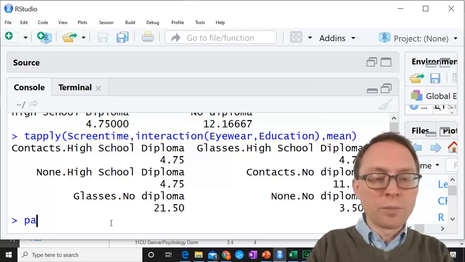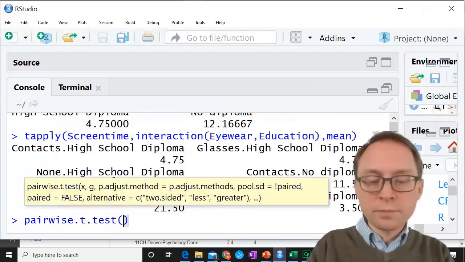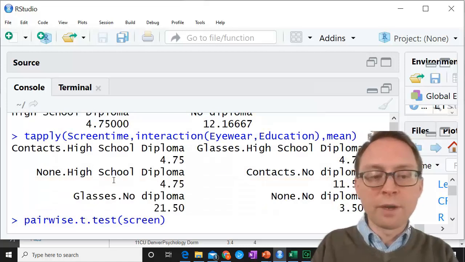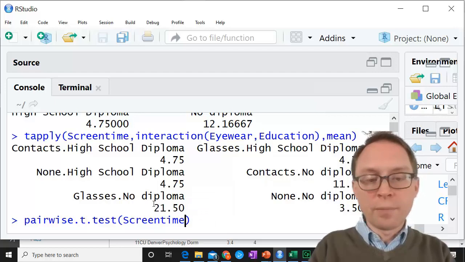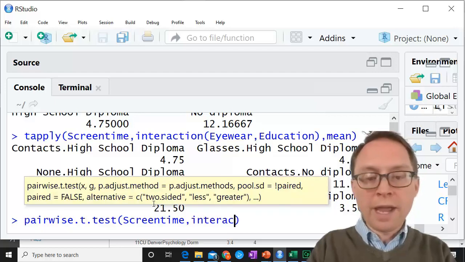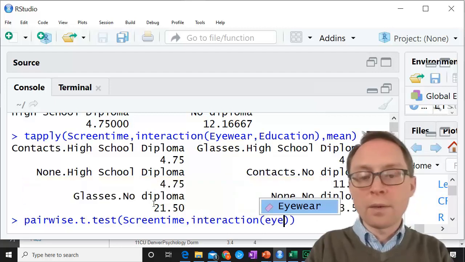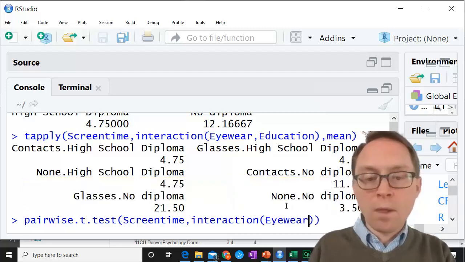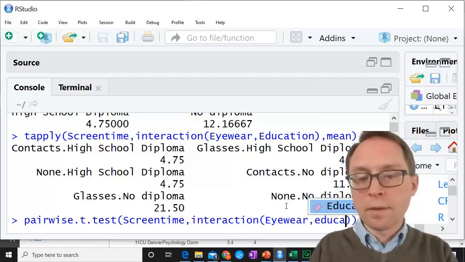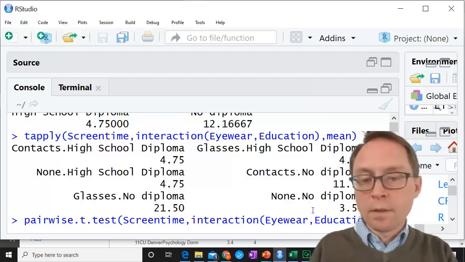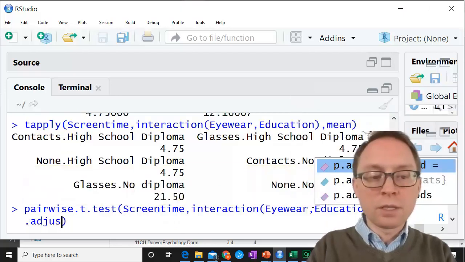So in this case, we're going to do the pairwise t-test with screen time as the dependent variable. And I want the interaction between eyewear, comma, education, followed by p.adjust.